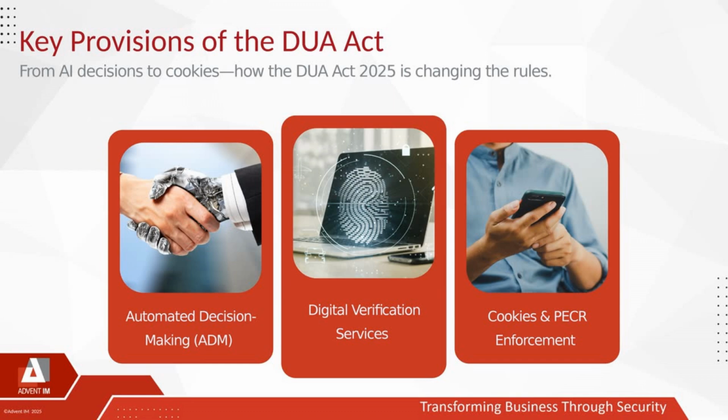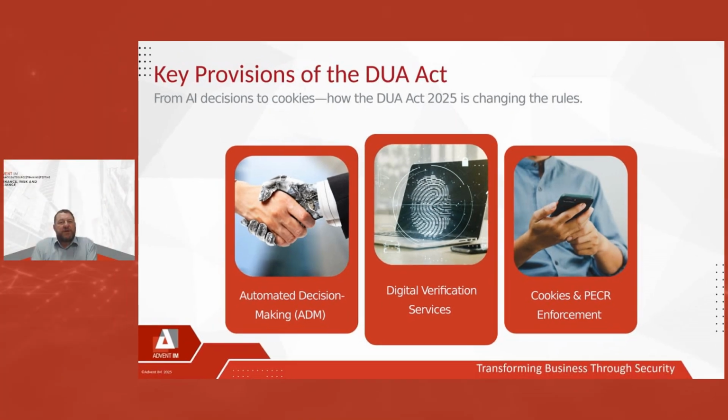So let's have a look at some of the key changes that have been made then. And the first one we're going to look at is automated decision making. The key changes here are that the Act allows provisions for more leniency around when automated decision making can be made. So things like credit checking, job references, recruitment searches, CV screening, and so on. Really, this is low impact use of automated decision making.